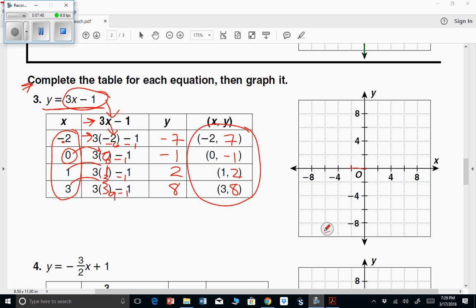-2, 7. Again, we're going by 2's here. 0, -1. 1, oh, whoops, 1, 2.